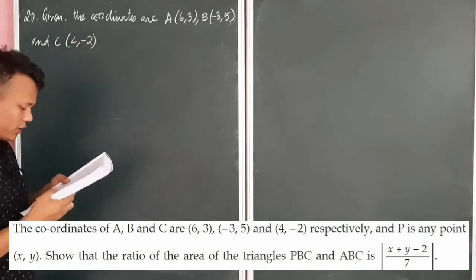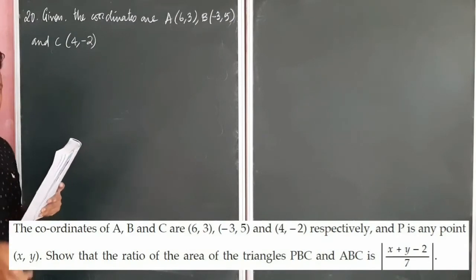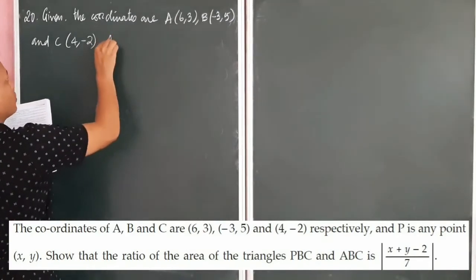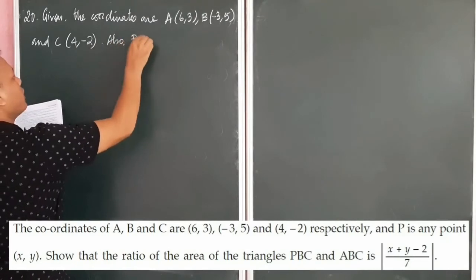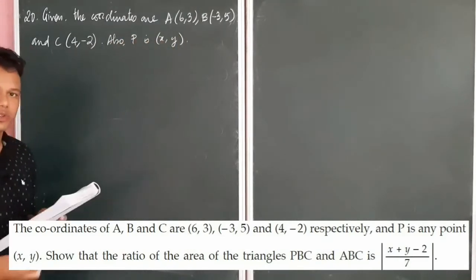So these are the coordinates given to you, and again one more point is given, that is point P. Also P is (x, y). So this is also given to us.